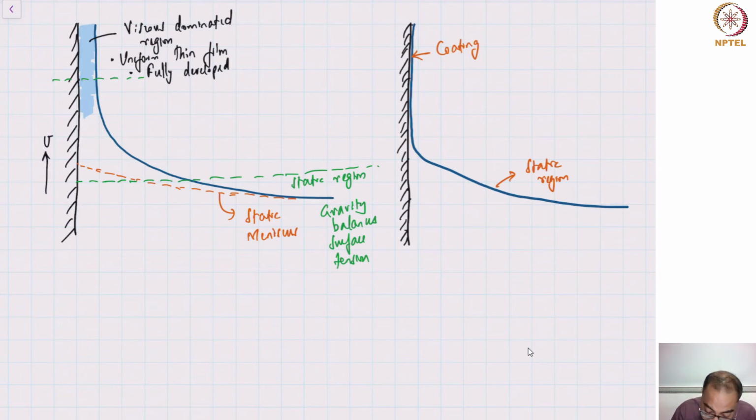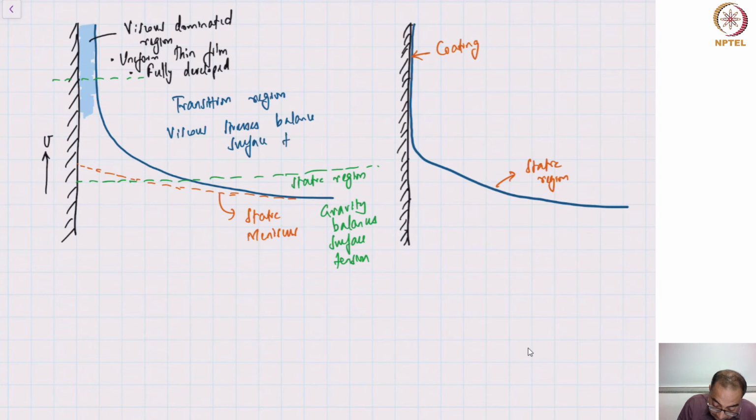This automatically means that there is a transition region where viscous stresses balance surface tension. So this is what we would think of as a matched asymptotic problem, where you have different regions. You have to get solutions in different regions and match the solutions from these different regions, right?